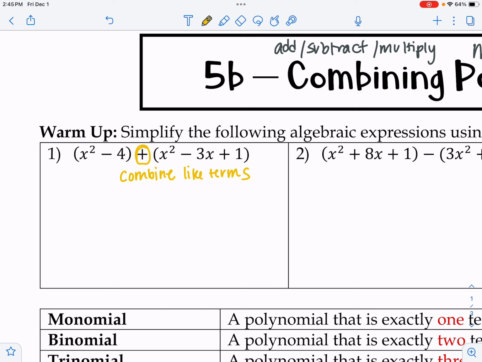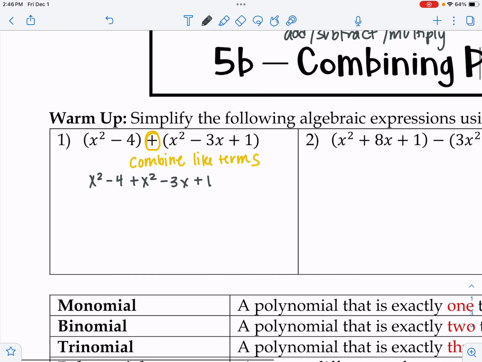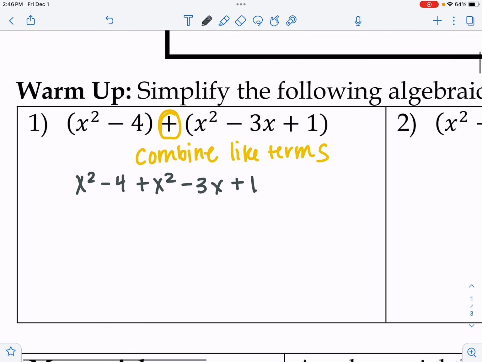And so there's nothing to distribute in front of this set of parentheses here or here. And so they're really not necessary. And so we can rewrite this entire expression without the parentheses. Technically, we're distributing a positive 1, which wouldn't change anything since multiplying by 1 is the same.